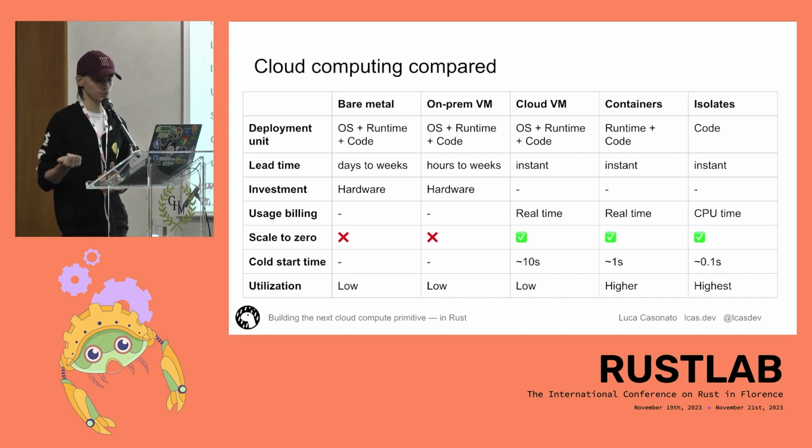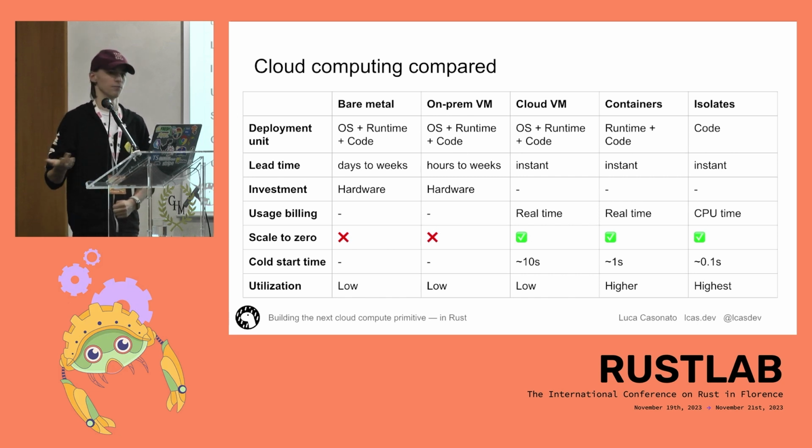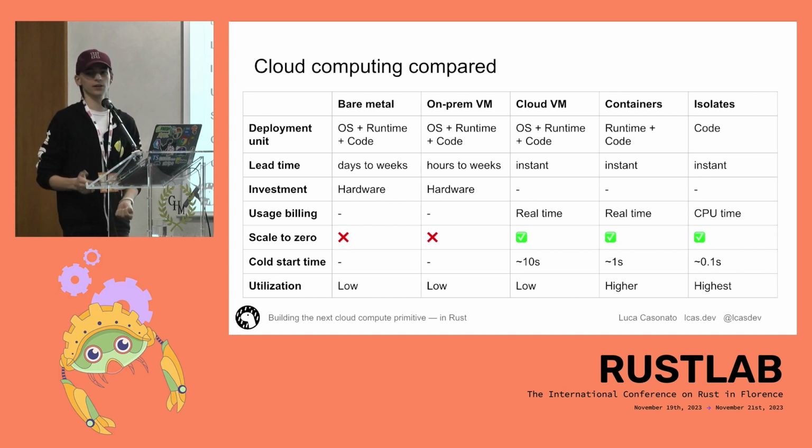You could instantly deploy things, and you were now billed not based on the number of servers you bought from Dell, but based on the amount of time that you're using one vCPU with 8 gigs of RAM from AWS, right? And it's important to note here that you're billed based on the hardware that is allocated to you, not the hardware that you're using, right? So if you rent one vCPU from AWS and you're only using that at 50% utilization, you're still paying for one vCPU.